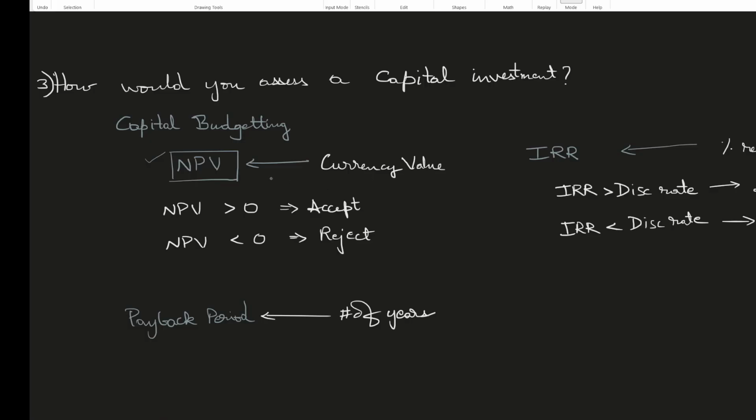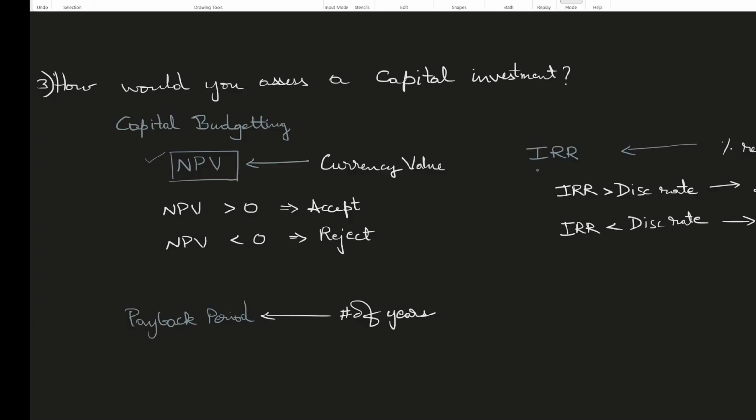So when you do the budgeting, and when the net present value of a certain project or a certain investment is above zero, then you accept a capital investment as worthy of investment. If net present value itself is below zero, then you reject that capital investment.